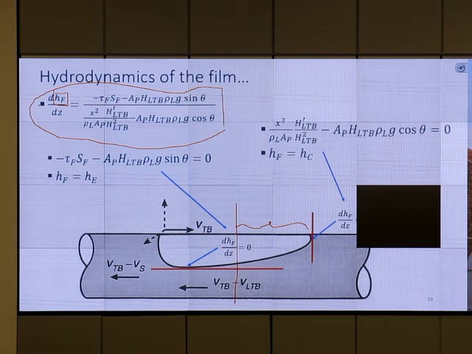Solve it numerically, then we get the value of H. So this is how we get H from liquid hold up. Then we set that H as our boundary condition, for solving that equation. You see the equation on the screen. We try to solve the equation.